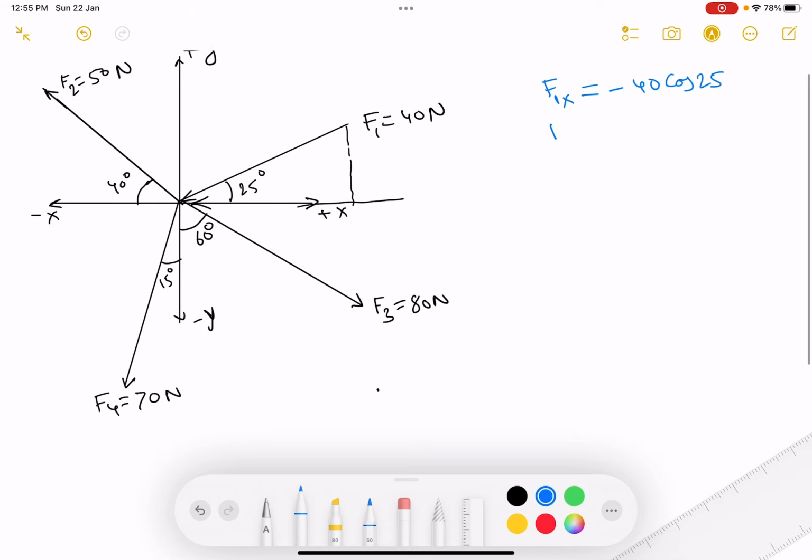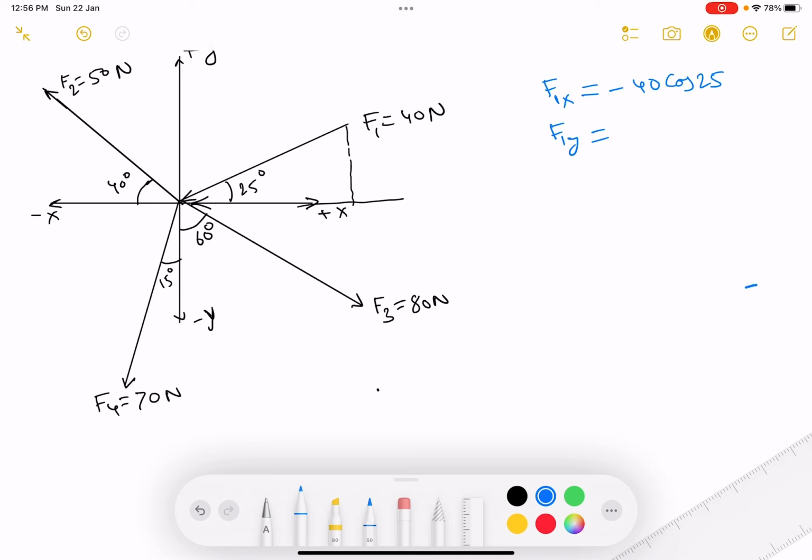Now what about F1y? That means the component of the force F1 when it is resolved along the y-axis. Again, please follow these steps clearly. We are always going to consider the angle which the force makes with the x-axis, and in that the smaller angle, which is 25. So now you say it is going to be sine, because when you resolve it along y, consider sine.